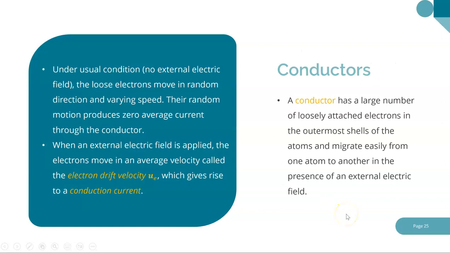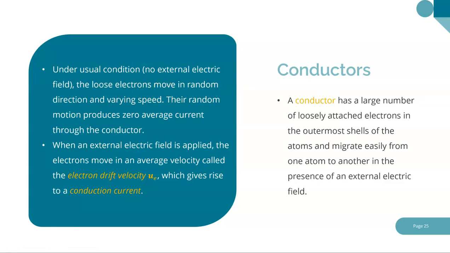A conductor has a large number of loosely attached electrons in the outermost shells of the atoms, which migrate easily from one atom to another in the presence of an external electric field. Under usual conditions, if you don't have any external electric field, the loose electrons move in random directions and at varying speeds.